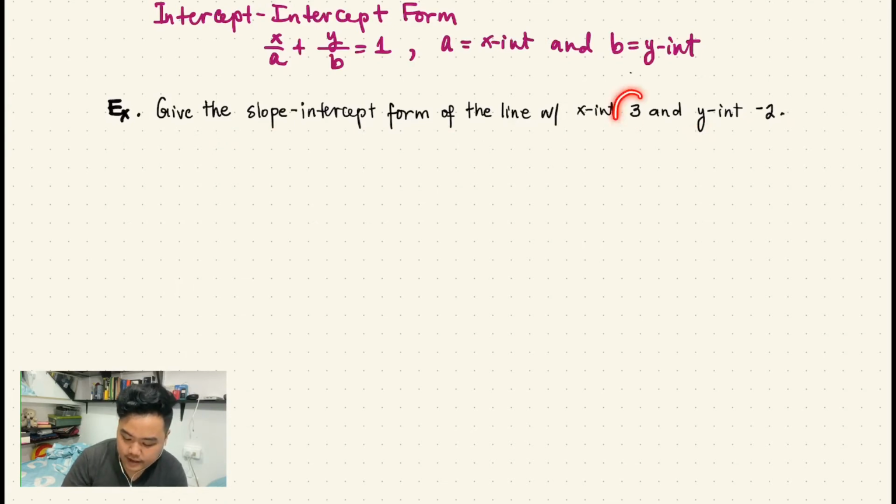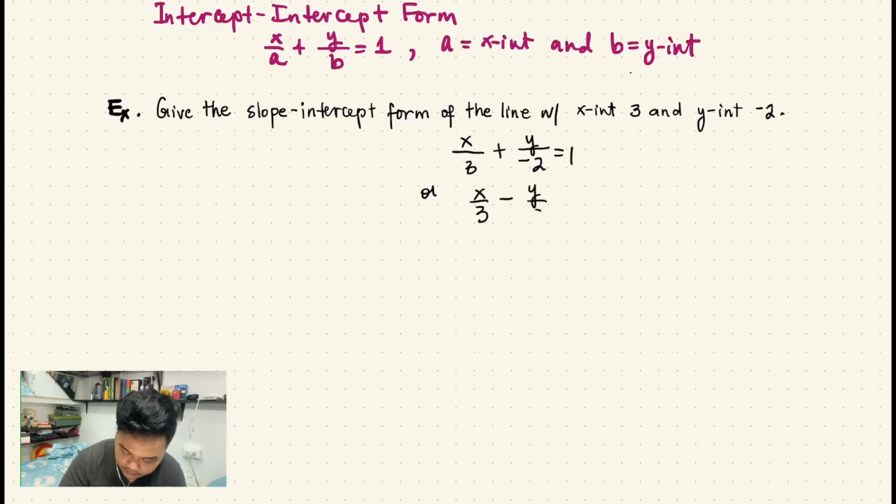So, our a is 3 and our b is negative 2. Plug in lang natin, alam mo na agad yung sagot. Parang shortcut siya, no? So, the answer is x over a plus y over b equal to 1, or x over 3 minus y over 2 is 1.